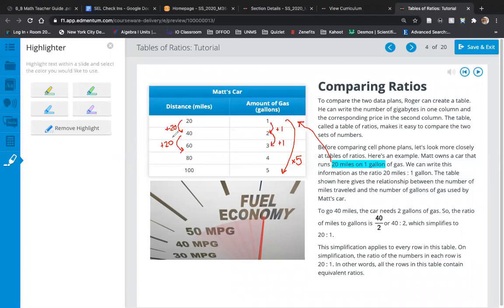So I would have to do the same thing on this end. To get from 20, I need to multiply that number by 5, and that does indeed get me up to 100 miles. Right? So that's kind of how this ratio table works. You can think about adding as you move up the table, or you can think about multiplying by whatever number gets you to the number farther down the table.